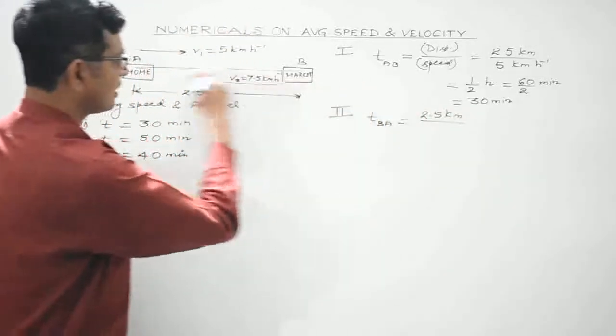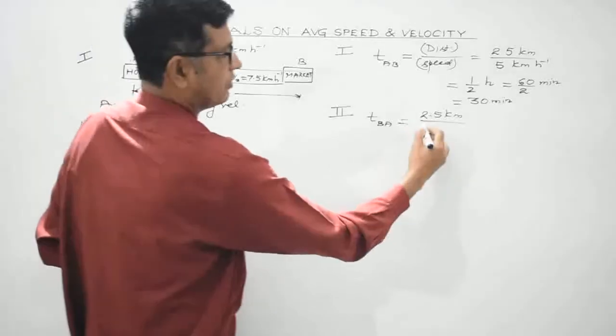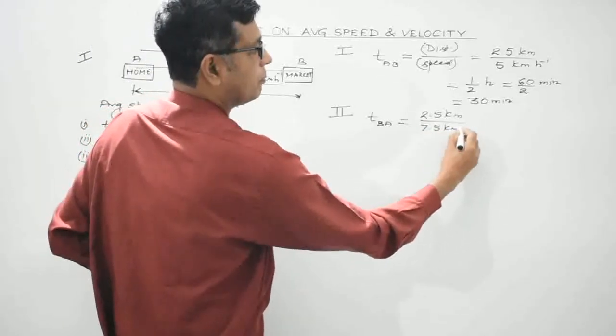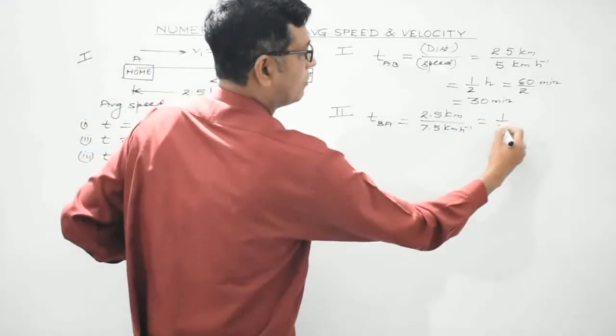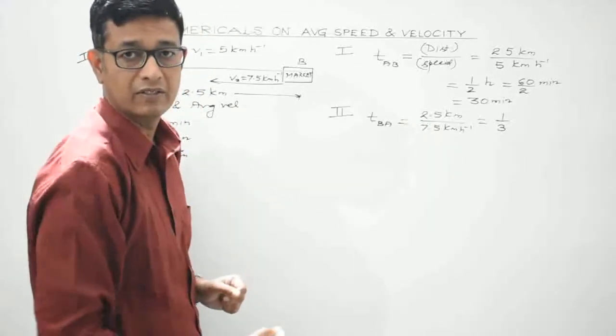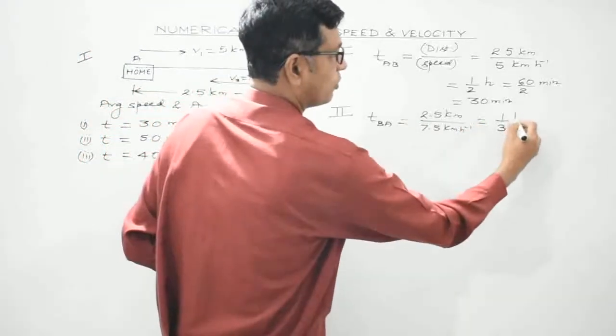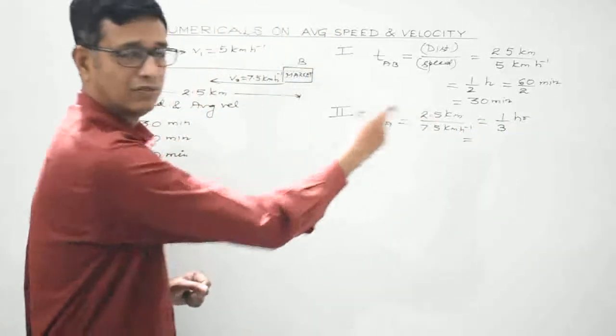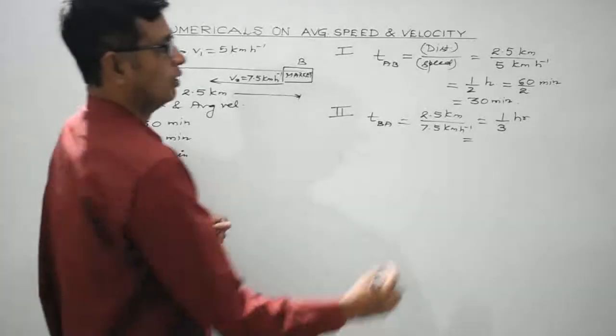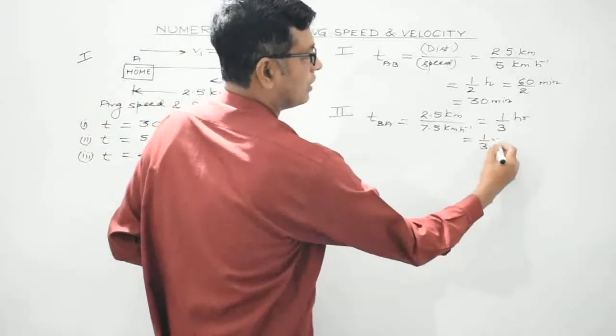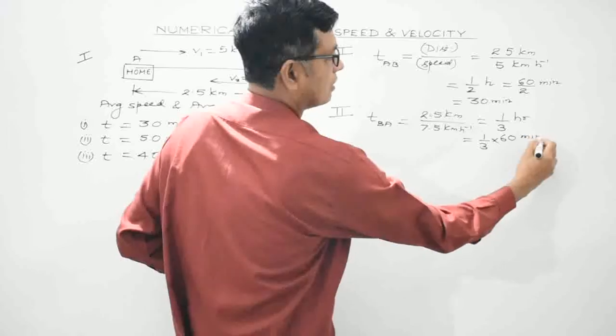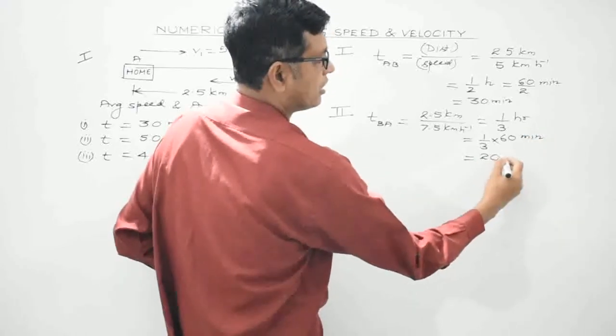And with what speed is he coming back? 7.5 kilometer per hour. So 2.5 divided by 7.5 is 1 by 3, and the unit is hour. Let's convert it into minutes: 1 by 3 into 60 minutes, so that will be 20 minutes.